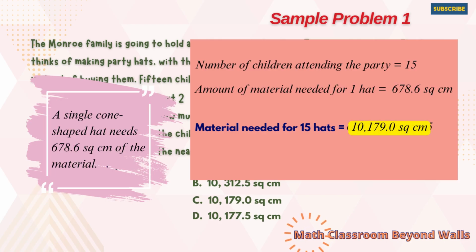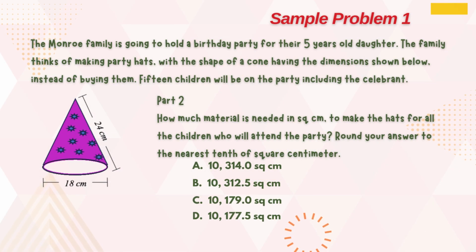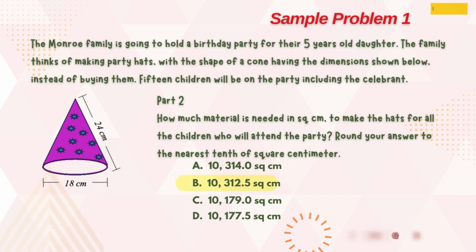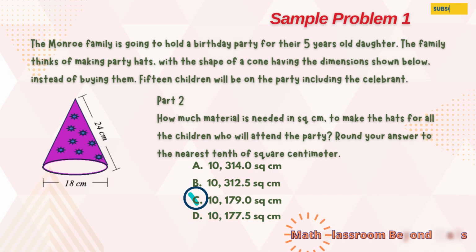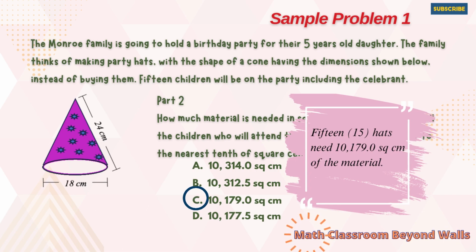And this is 10,179.0 square centimeters. So, what is our answer, learners? Is it option A, option B, option C, or option D? Okay, so the answer is option C. Thus, 15 hats need 10,179.0 square centimeters of the material. That was again easy.